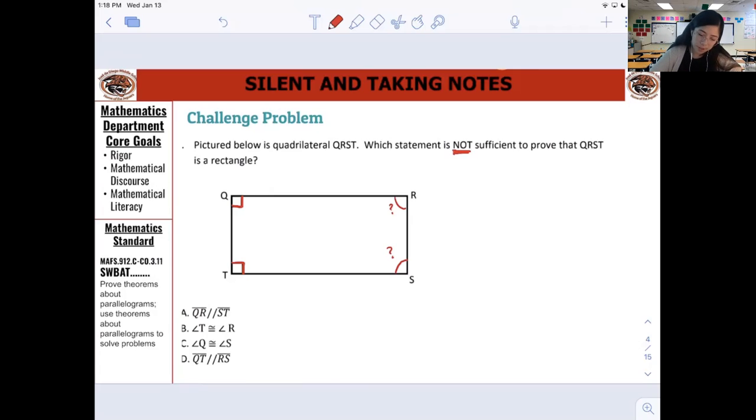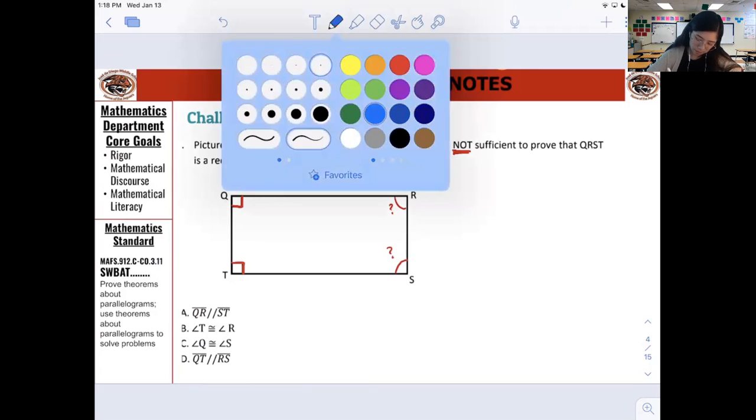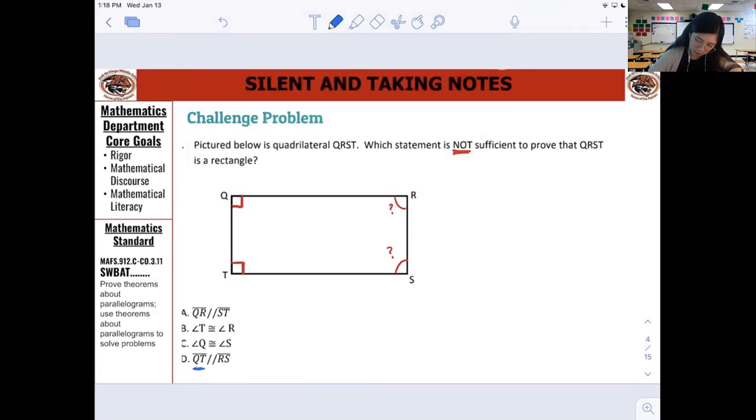Answer choice D says, if QT is parallel to RS, do we know anything about the missing angles? Or is there a way to figure out something about the missing angles?